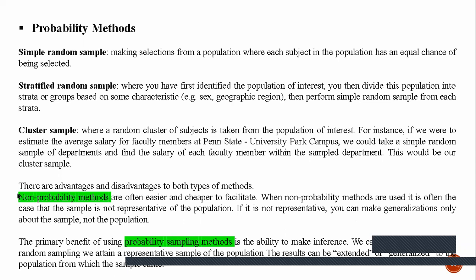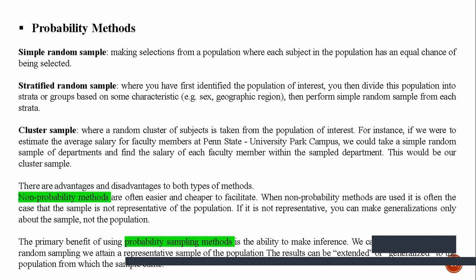The primary benefit of using probability sampling methods is the ability to make inferences. We can assume that by using simple random sampling, we attain a representative sample of the population. The results can be extended or generalized to the population.